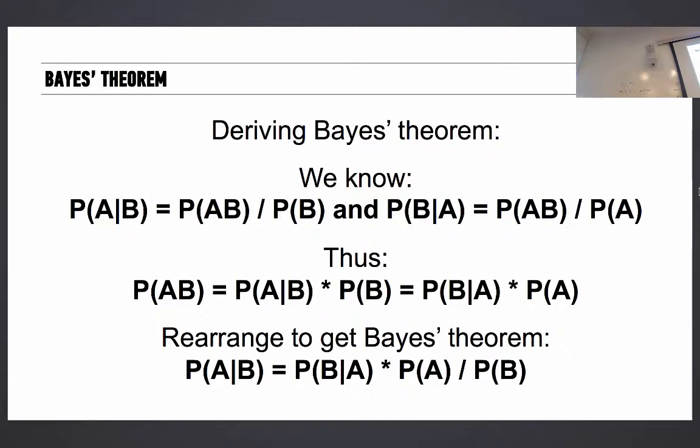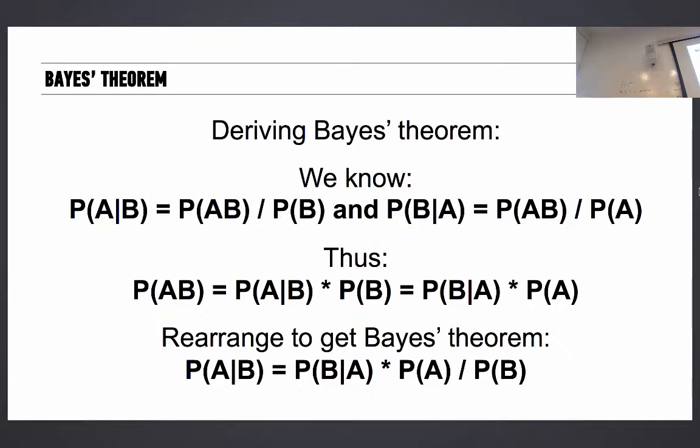The first thing I'm going to do is multiply both sides by the probability of B and the probability of A. So on the left-hand side, I'll have the probability of B times the probability of A given B equals the probability of A and B. Over here, I will have the probability of A times the probability of B given A is equal to the probability of A and B. That's all I've done. Any questions on the arithmetic there?